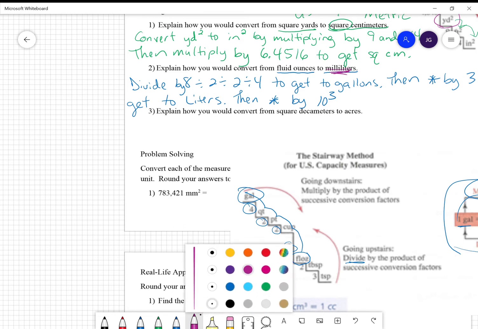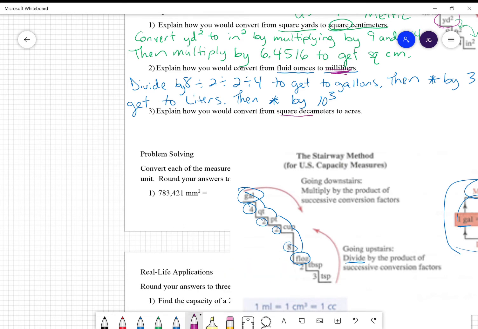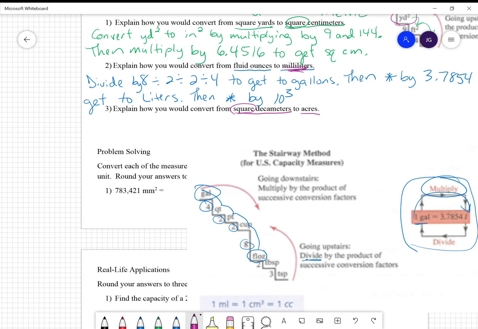Okay, next one, explain how you would convert from square decameters to acres. So again, I've got square. I know I'm going to use the area one. So that one's not too far away.